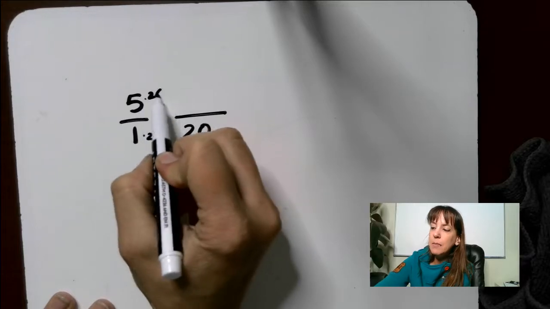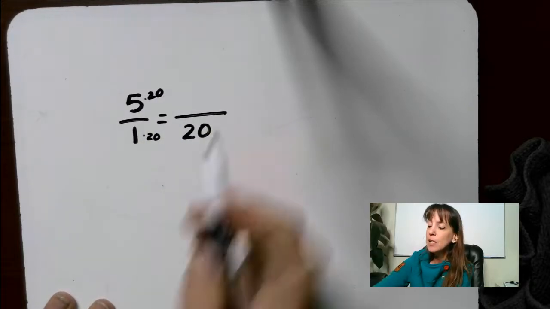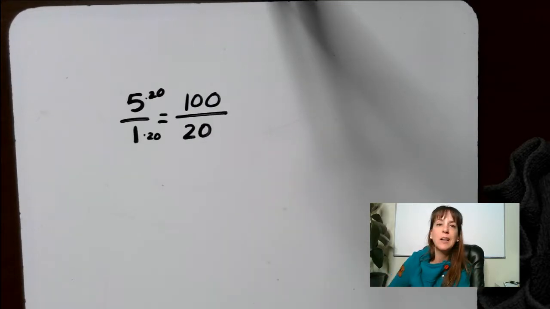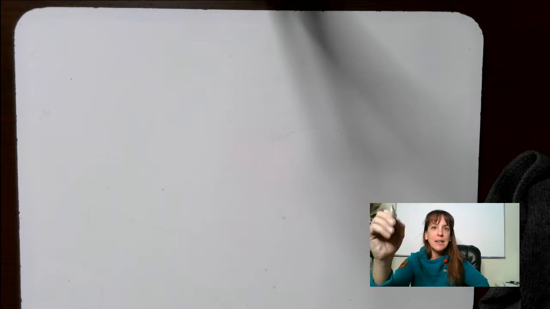And if I did it on the bottom, I would have to do it on the top. 5 times 20 would give me 100. So 5 written as a fraction with a denominator of 20 is going to be 100 over 20. The big thing is, write this down. You can turn anything into a fraction by putting it over 1. Write that down, star it, flag it, do something.